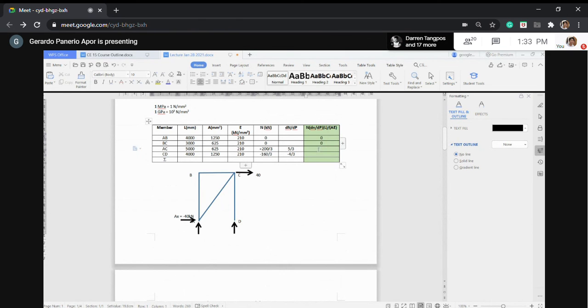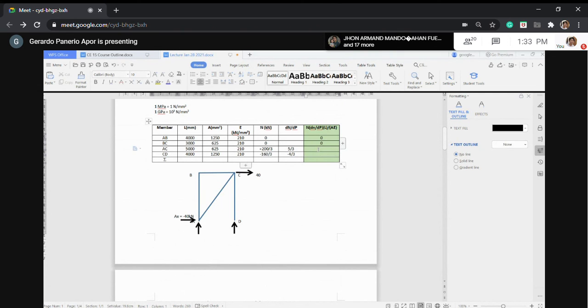Now, if we are going to sum all of this, I have my calculator here. So we have N times dN/dP. So we have N 200 times 5 divided by 9, because that's root 3.